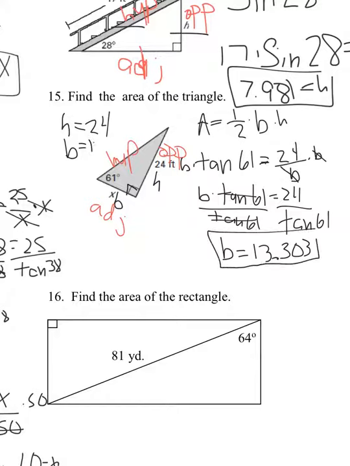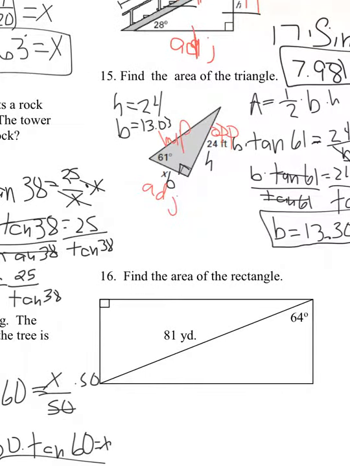Not the final answer, don't forget. So now, with that information, you got to plug that into the area formula. So area equals, I'll do 0.5, 1/2, times 24, times 13.304.